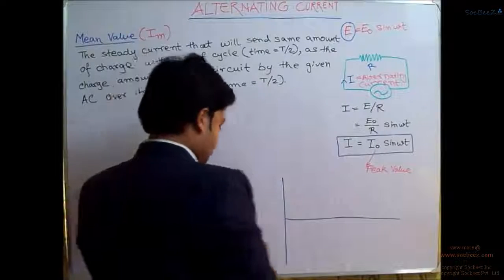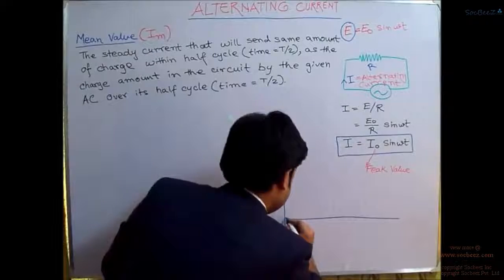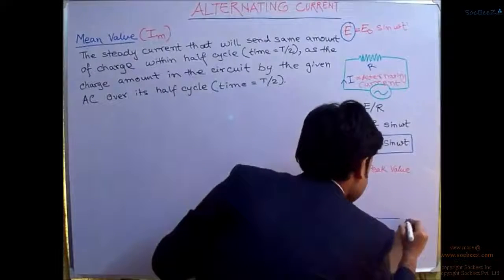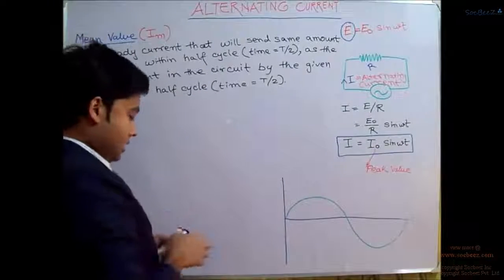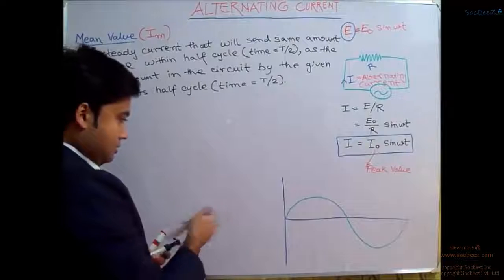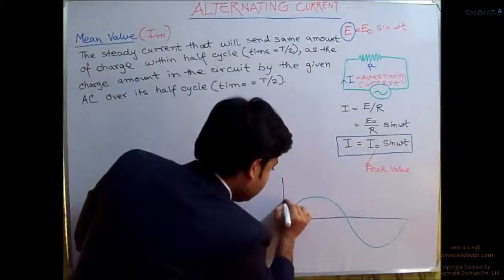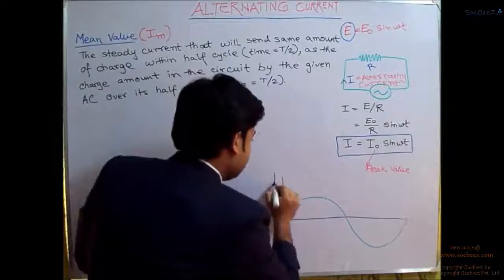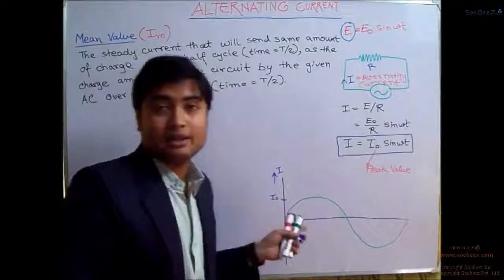Now over here, this is the peak value of I naught, and over here we measure the current.